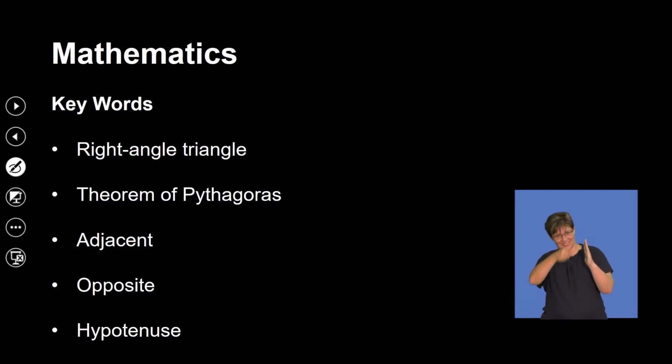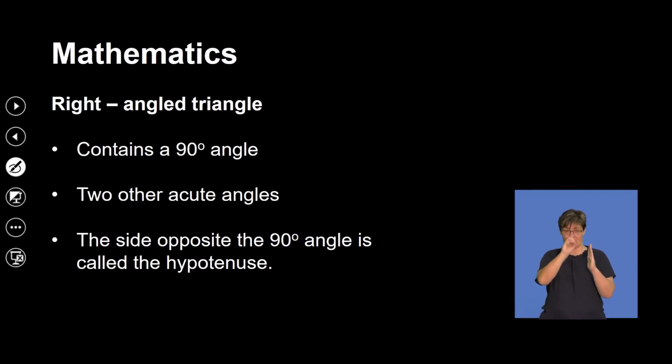Now, right-angled triangles are triangles that contain a 90-degree angle, and they also have 2 other acute angles. Acute angles meaning they must be less than 90 degrees. Remember that with a triangle, if you add all the angles, you must get 180 degrees.